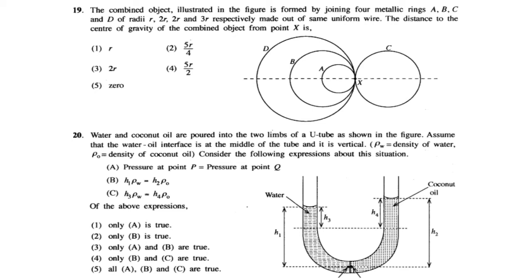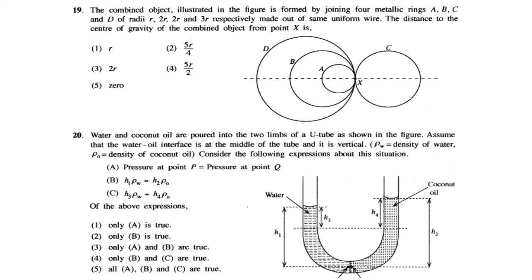Firstly, we find the weight of each object. Circumference of A is 2 pi R, B is 2 pi into 2R, it is 4 pi R. Circumference of C is 4 pi R, D is 2 pi into 3R, 6 pi R.